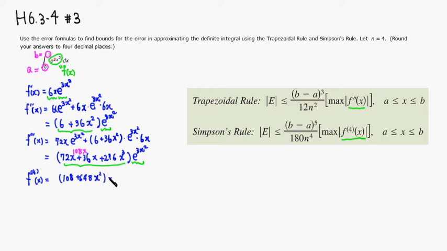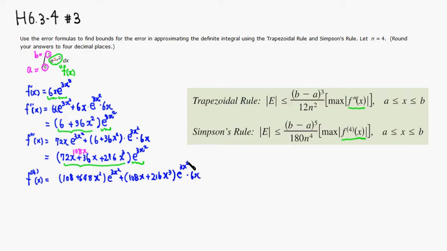Then times e to the 3x squared, plus the 108x plus 216x cubed, then e to the 3x squared times 6x.